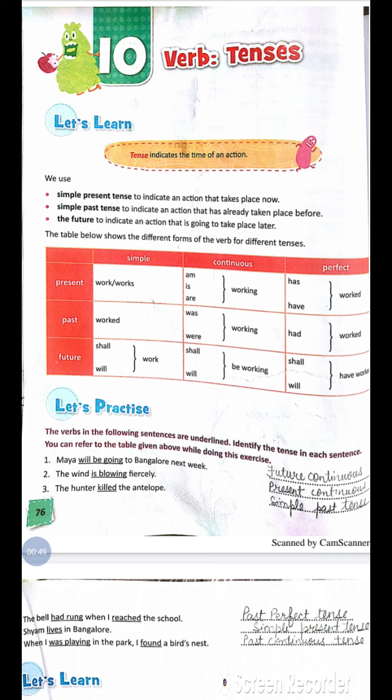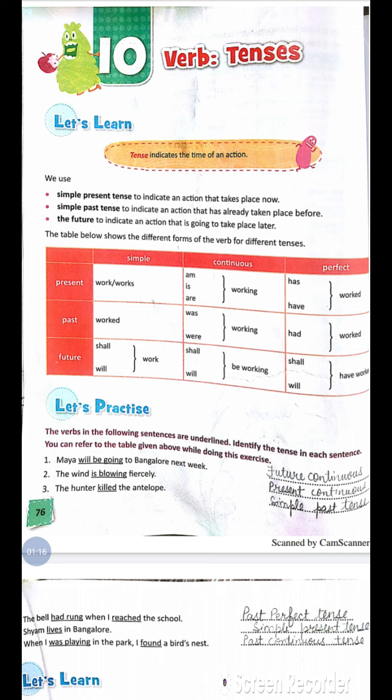In present simple tense, s or es will be used. Present continuous tense is am/is/are plus verb plus ing, and present perfect tense has have or has plus third form of the verb. In simple past tense, second form of verb will be used. In past continuous tense, was or were plus verb plus ing is used. And in the past perfect tense, had plus third form of the verb is used.